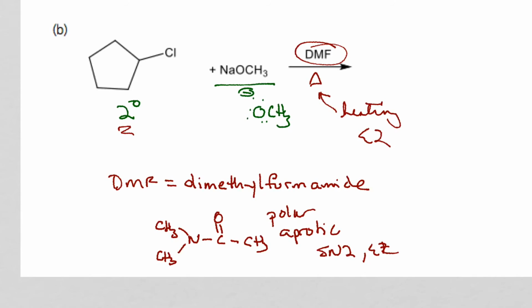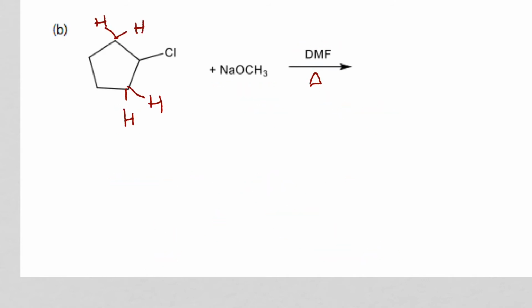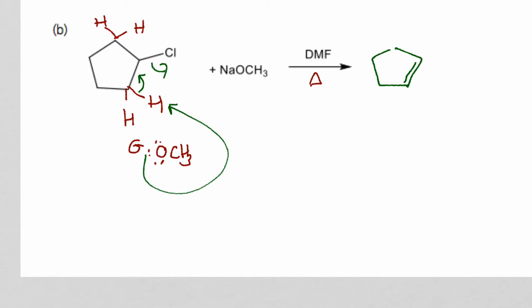So I'm going to erase some stuff and draw the mechanism. So we've got 4 beta hydrogens. It doesn't matter which one of them is eliminated because it would all give us the same product. And here is our methoxide, and it's going to remove one of those hydrogens, and that's going to give us as our product the compound cyclopentene.